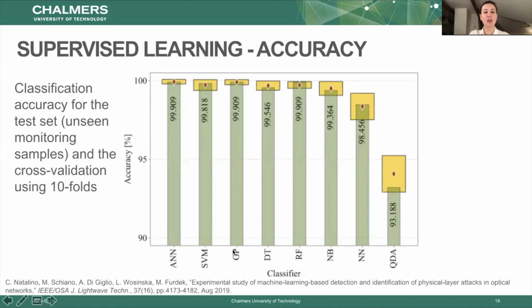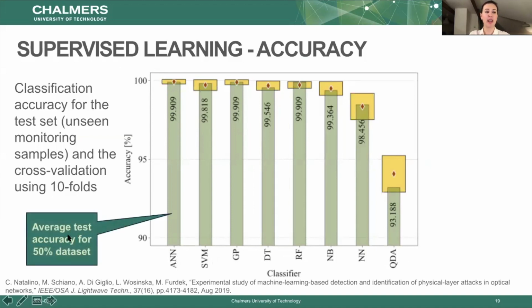The green columns show the average test accuracy for the case where half of the data set is used for training and half for testing. And then we further test the performance by using the cross-validation technique, using k-folds, in our case k equals 10, which means the data is divided into 10 subsets, and iteratively 9 of them are used for training while 1 is used for testing.